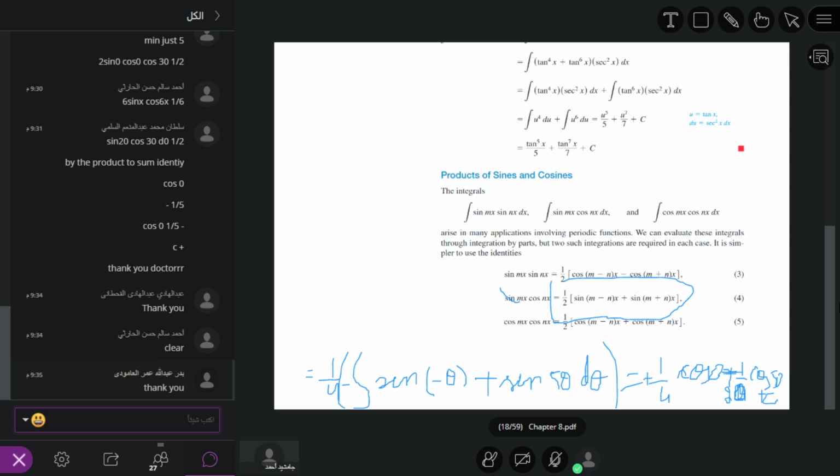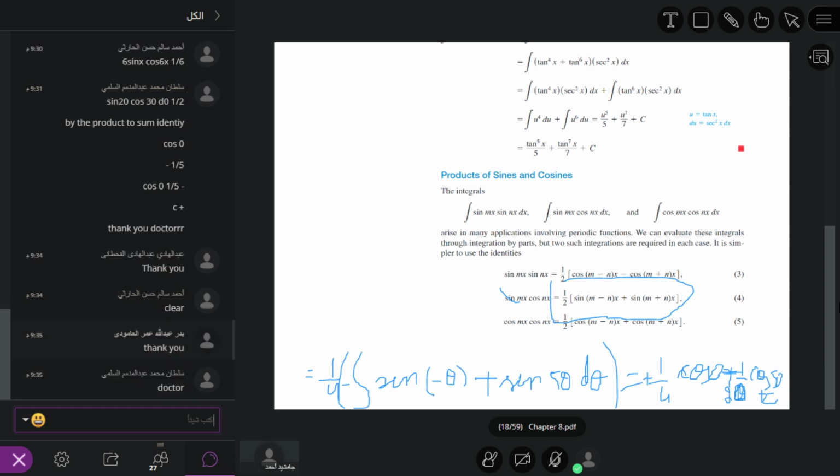Yes, so I shall show you the marks. I shall convey you the marks on next Sunday, inshallah. Okay.